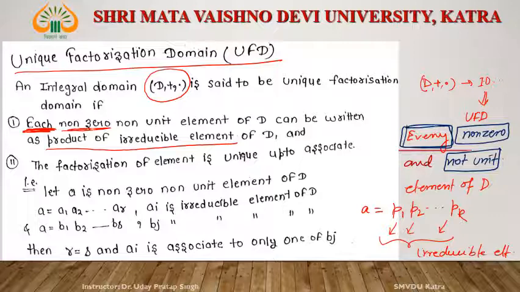The second condition is that the factorization of this a is unique in the sense of associates. What does it mean?